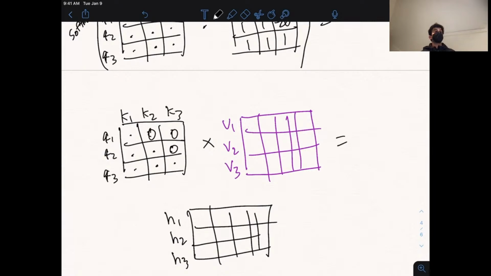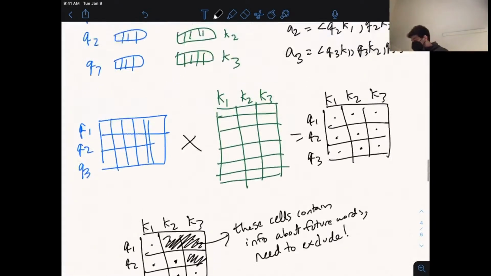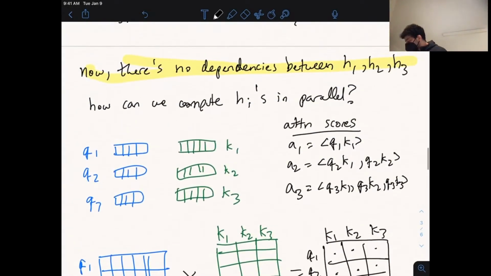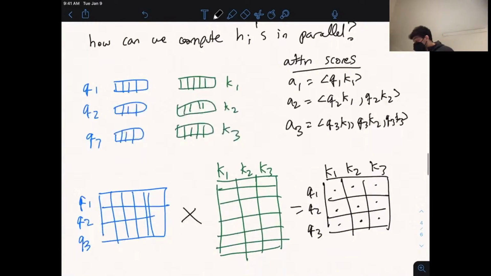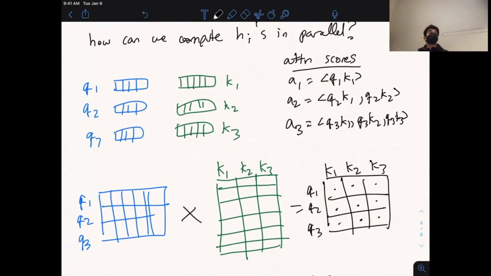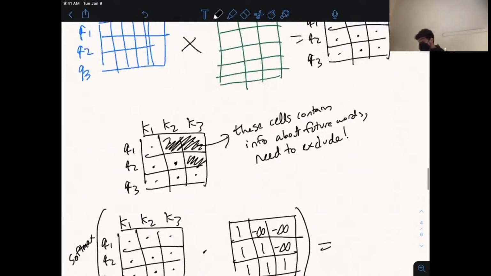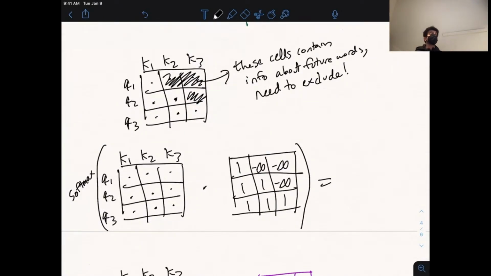So what we've just looked at in the last few minutes is why we can get away from the recurrent dependency here, because now we parallelize the attention scores, and we can do all these computations in just a few matrix multiplications.